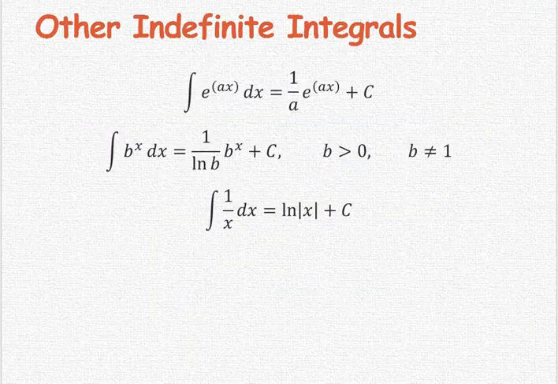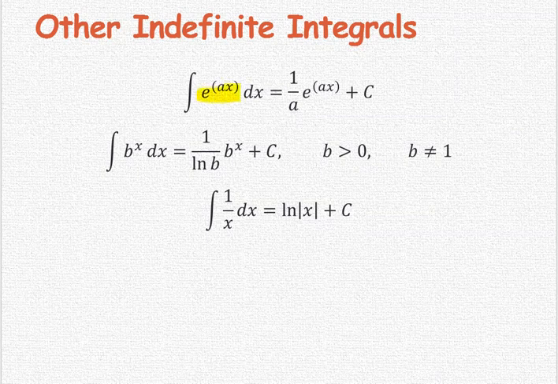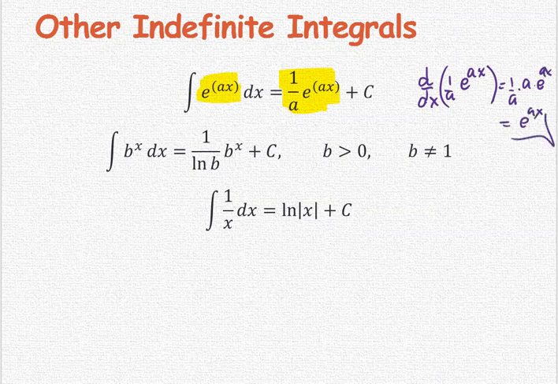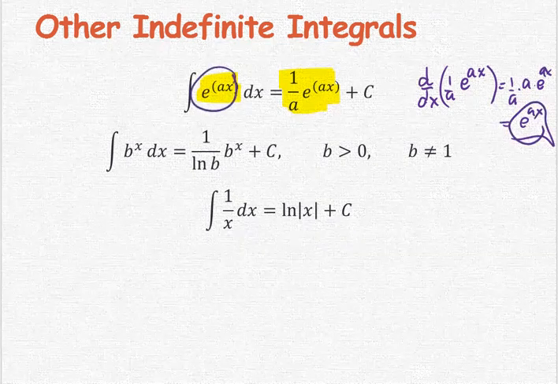After the trigonometric ones, the integral of e to the ax is 1 over a multiplied by e to the ax plus c. Or we can see this as the derivative of 1 over a multiplied by e to the ax is 1 over a multiplied by a times e to the ax, which returns e to the ax as the integrand.